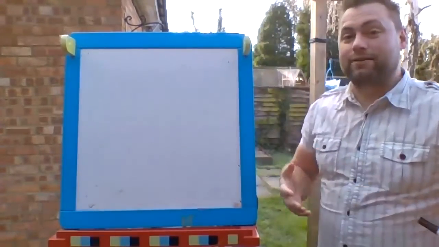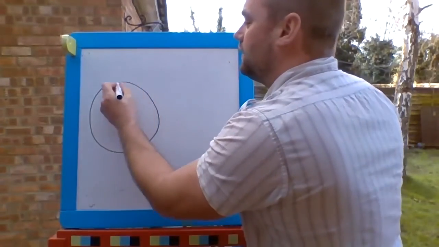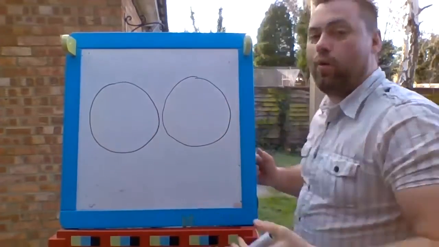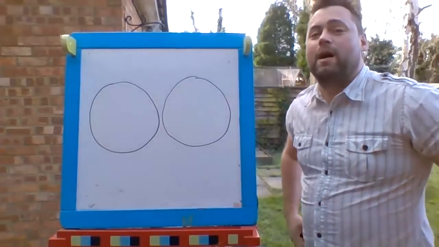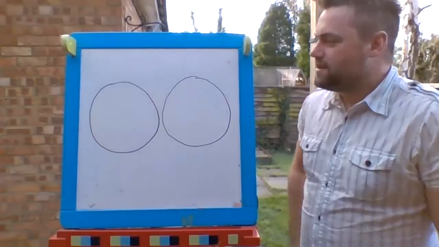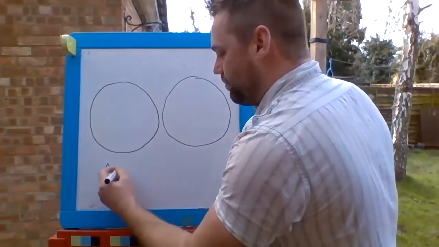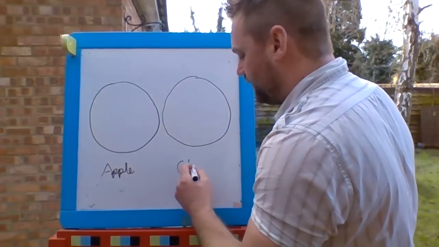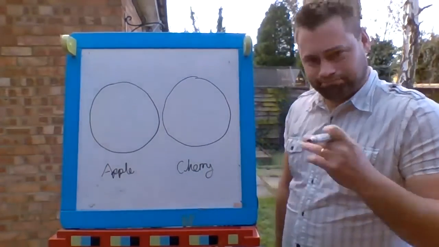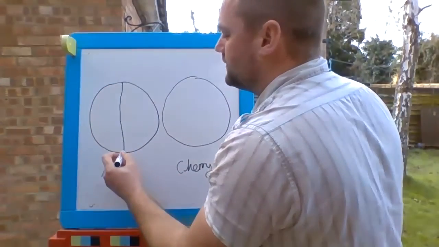The other model I did was about 2 pies, and I told you a little story. So one day, Mr. Langford, or me, I cooked 2 pies. One pie is an apple pie, and one pie is a cherry pie. It's making me feel hungry. The apple pie is this one over here. I'm just going to write apple down here and cherry down here. So my apple pie, once it's cooked, I cut it into 8 equal parts.